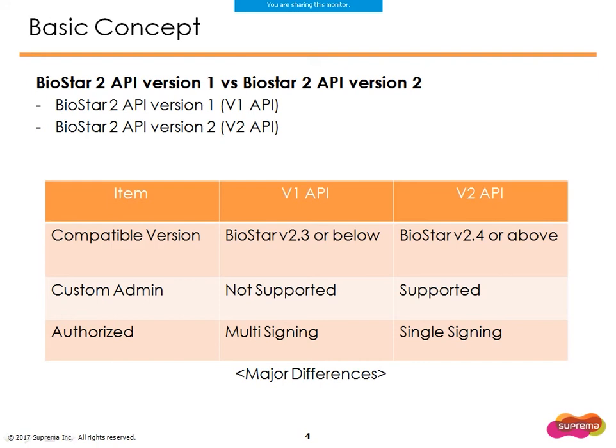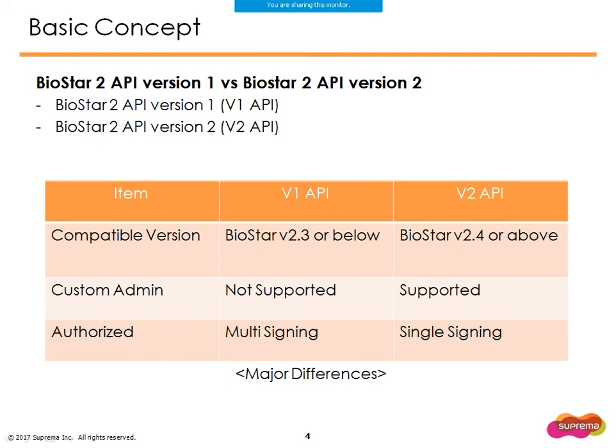As a result, V1 API supports only the predefined levels, whereas custom levels are supported by V2 API. That is one of the reasons why V2 API was developed, to reflect the new Biostar 2 custom level feature.